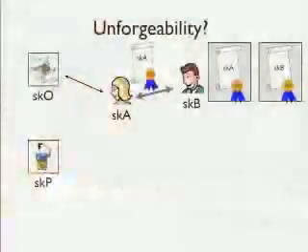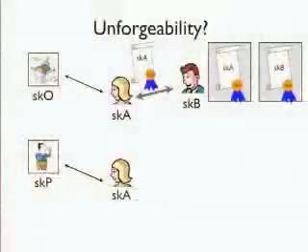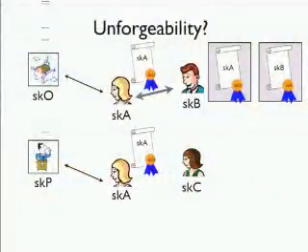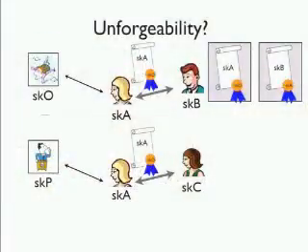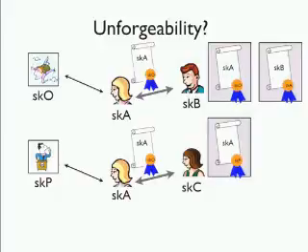Now suppose Alice also gets a credential from another organization, say P. That should be a signature under SKP on SKA. And now she wants to delegate this credential to Carol. The result of that is going to be a proof of knowledge of a signature under SKP on SKA, and a proof of knowledge of a signature under SKA on SKC.